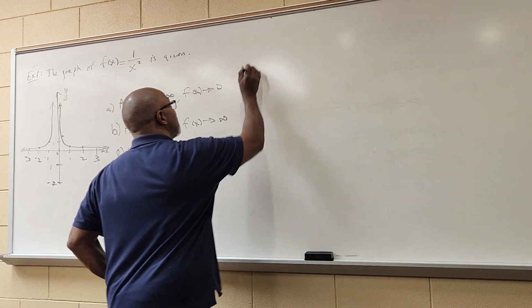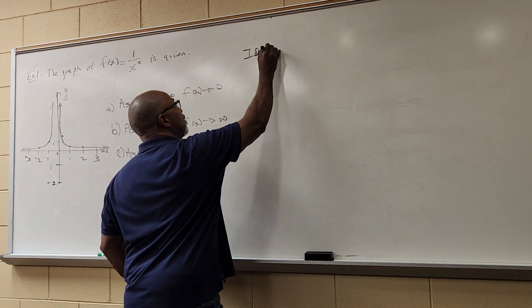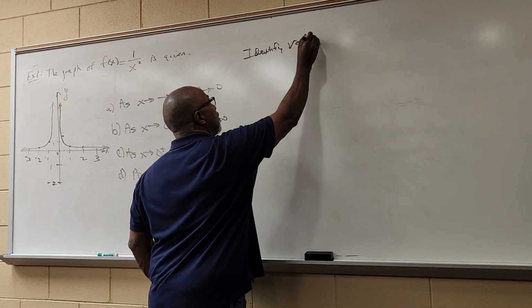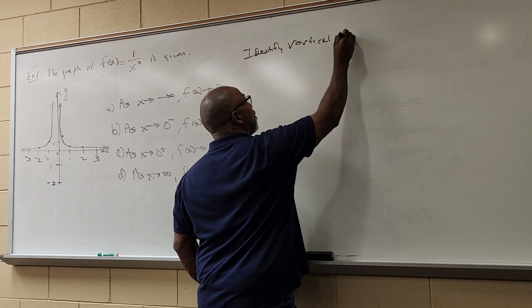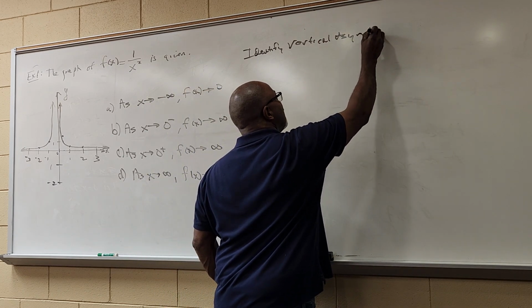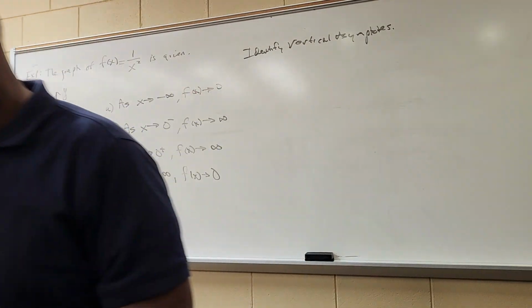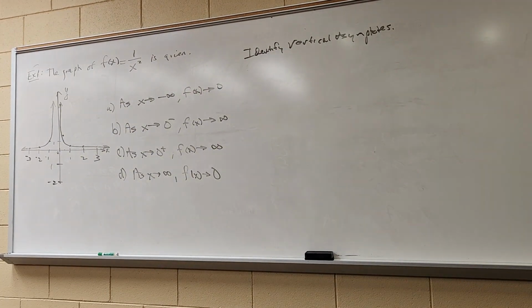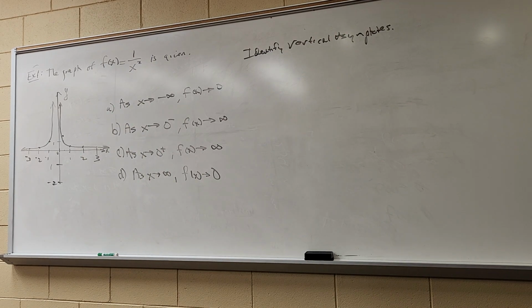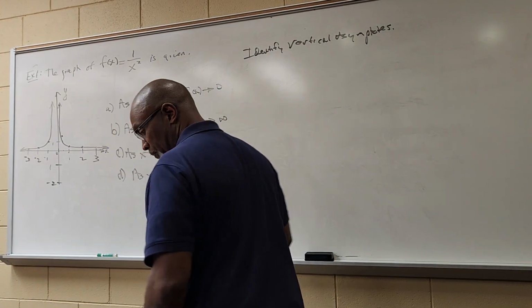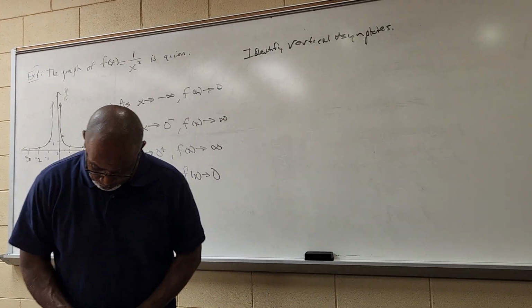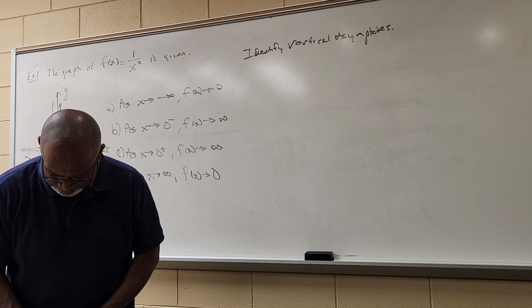Identify vertical asymptotes is what we want to talk about next. Well, vertical asymptotes will occur one in 4 ways, okay?